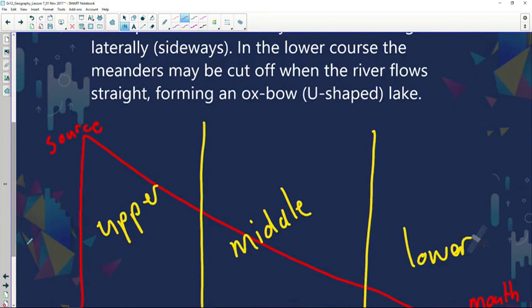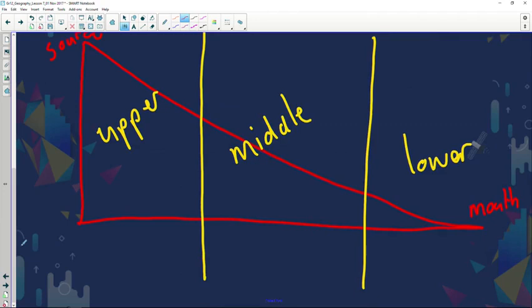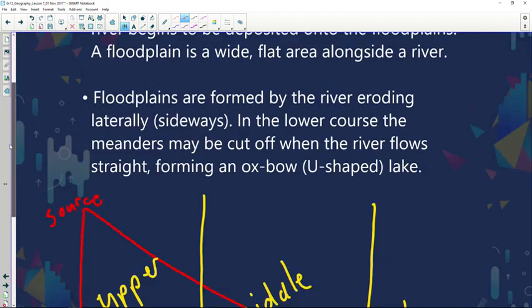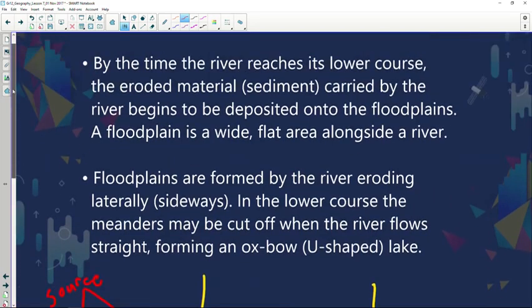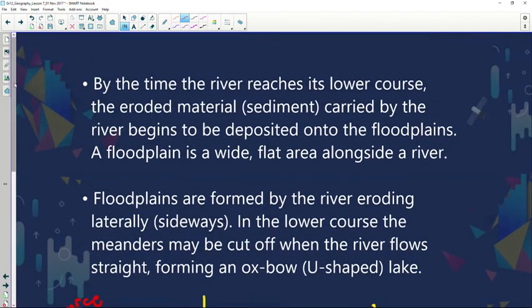Now, the lower course is the area situated over there. Keep in mind, the gradient is not as steep as in the upper and middle course. The volume of water has increased tremendously because lots of tributaries have joined this river. But because of the flat gradient, all that eroded material is deposited in the lower course. There's no erosion taking place, only deposition, and floodplains develop as well.